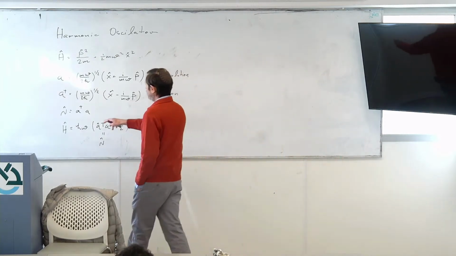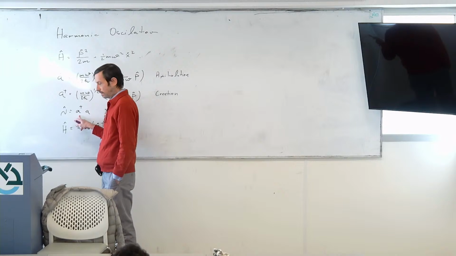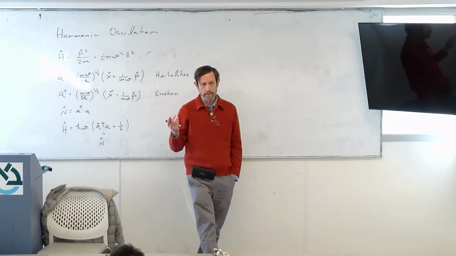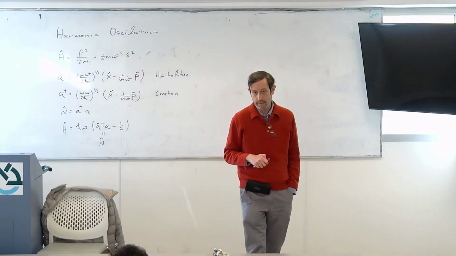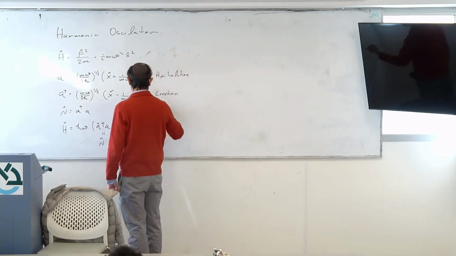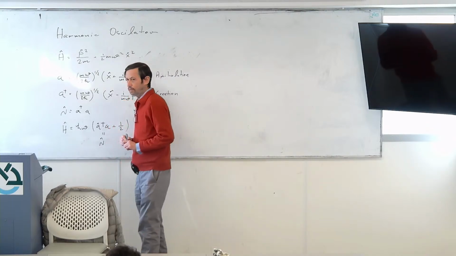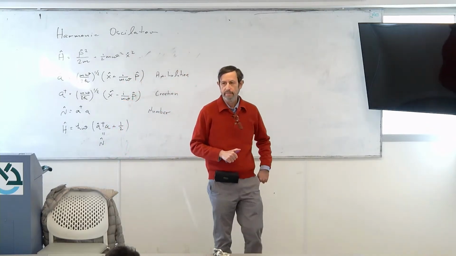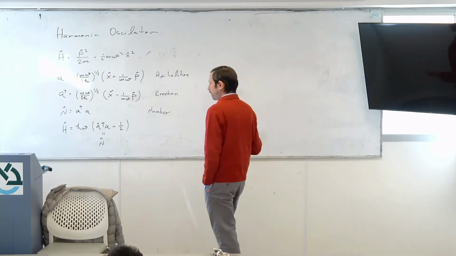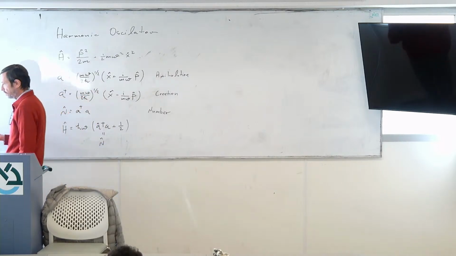And we can write a combination which is Hermitian, and actually we can express the Hamiltonian in terms of this operator, which has a name, the number operator. Okay, so far we are just dabbling with definitions.